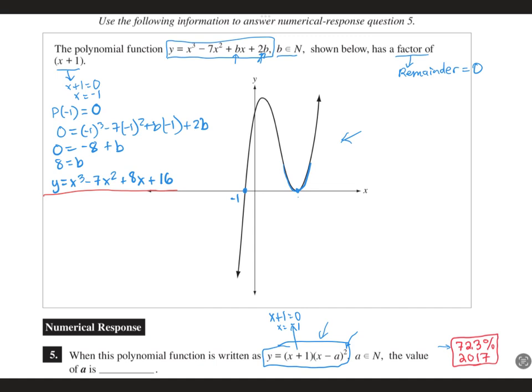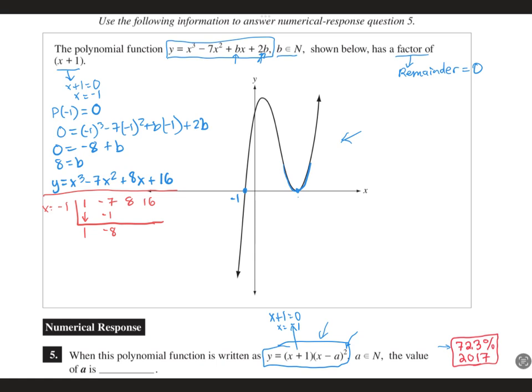So we now have the polynomial function, so we're going to divide using synthetic division, -1 into that. I use the adding method, which I find easier, so that's why I'm putting x equals -1 as my thing I'm dividing into. If you do the subtraction method, you would have a positive 1 there. Okay, so carry the 1 down, multiply, -1 times 1 is -1, add, which gives you -8.